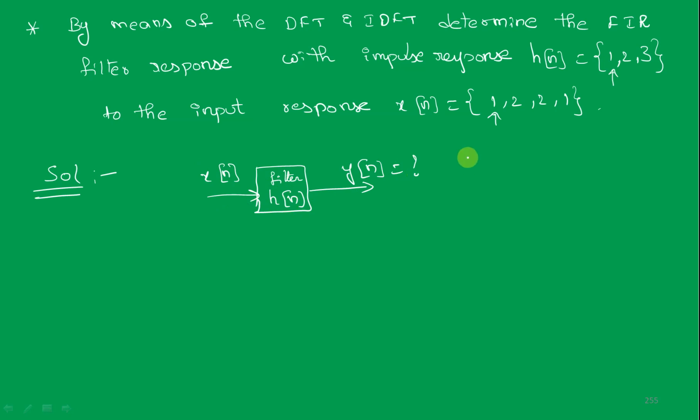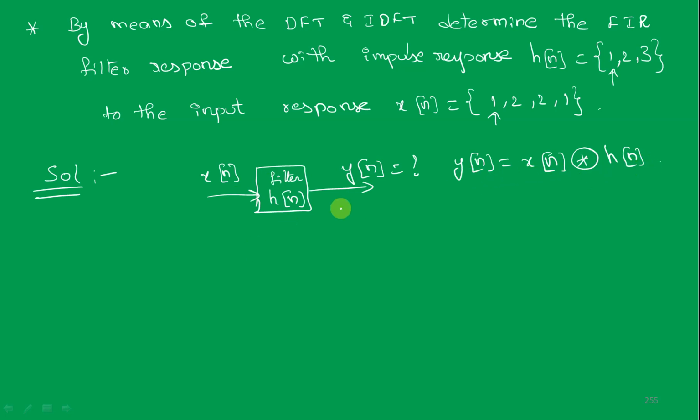So usually to determine this y of n from the knowledge of x of n and h of n, we have different approaches. The first one is in the time domain, convolving x of n and h of n to get the y of n. So here use the linear convolution method, then you can get the y of n from x of n and h of n.